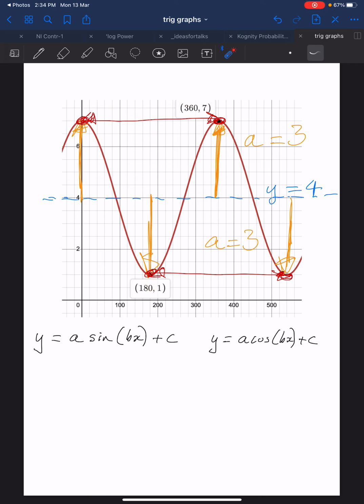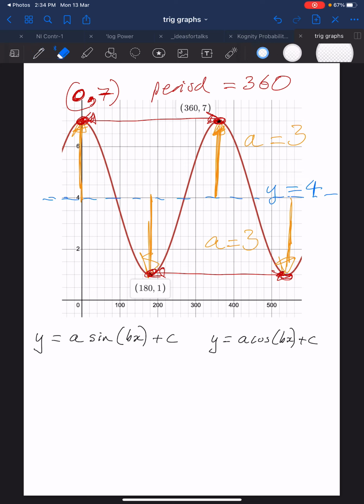But I think I can see actually that the coordinate here initially is 0, 7, 0 along 7 up, and so I can be sure that the period here equals 360.